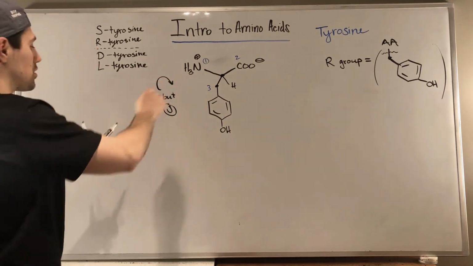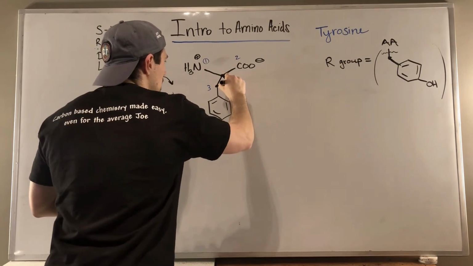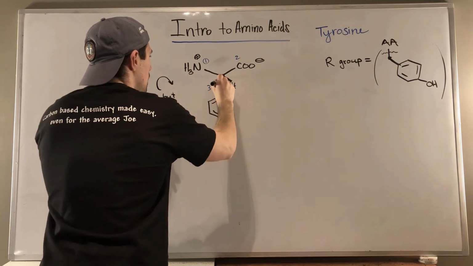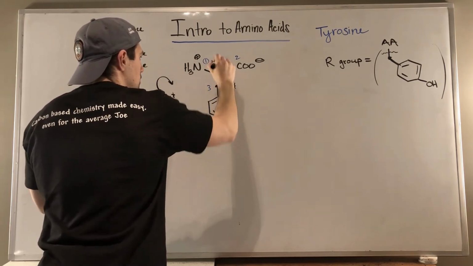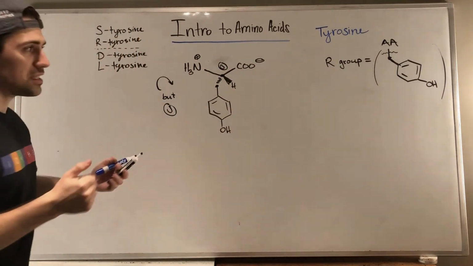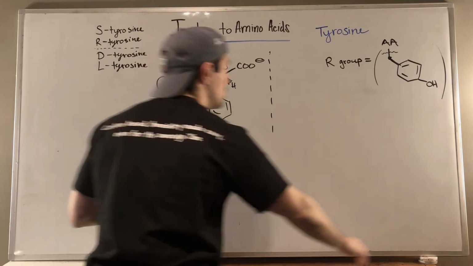So our lowest priority group needs to actually face us, so we get the opposite of what we look like. So for S-tyrosine, we look like this. Okay? Once you get one, it's super easy to represent the second. So I'm going to erase this now.